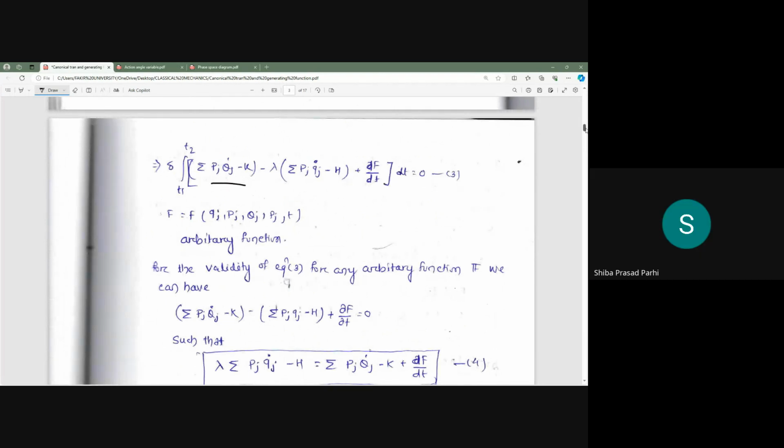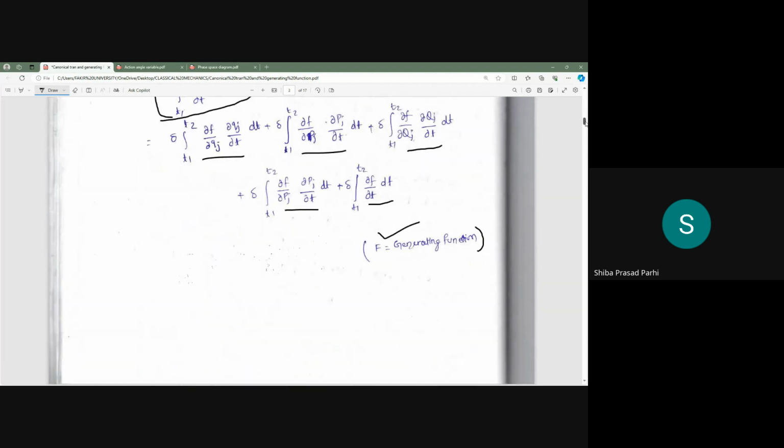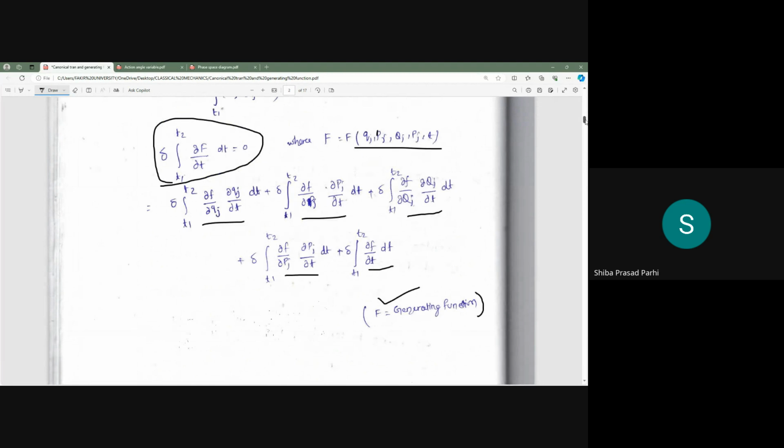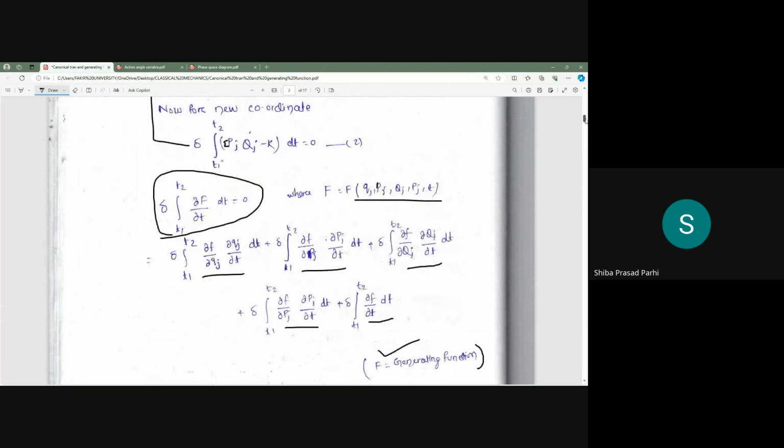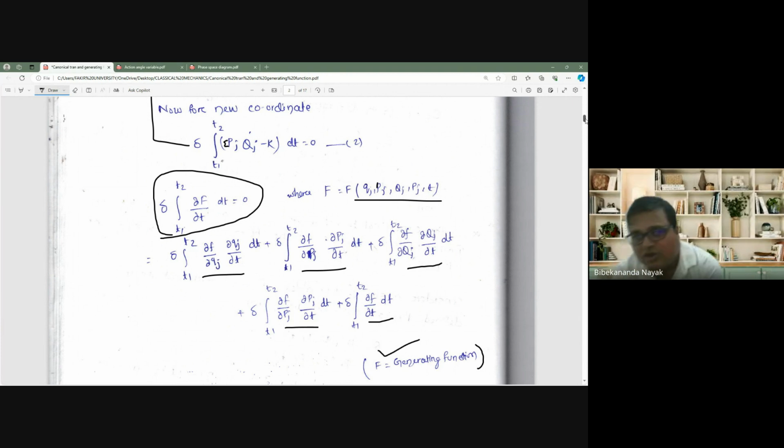There is a characteristic function and a generating function. What is the difference? Generating function means from that function we actually generate all kinds of transformations. The characteristic function is another one, which comes in Hamilton-Jacobi theory.